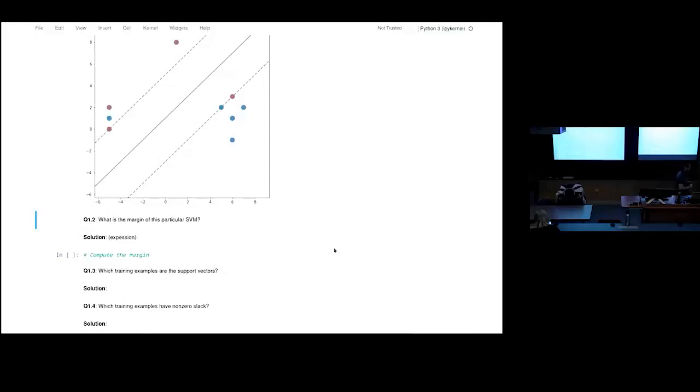You can go back to the slides. You can find those expressions there. Any idea? That's one way to do it, but it's much simpler than that.